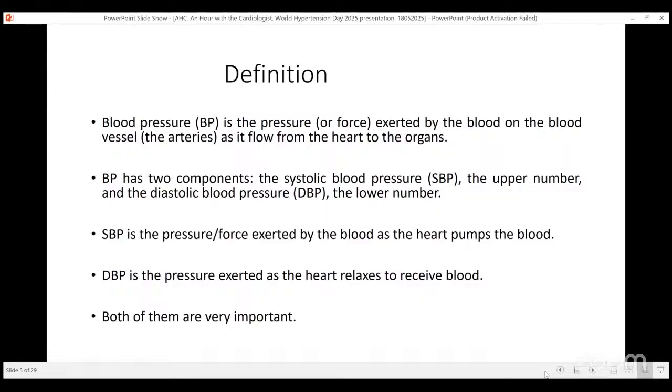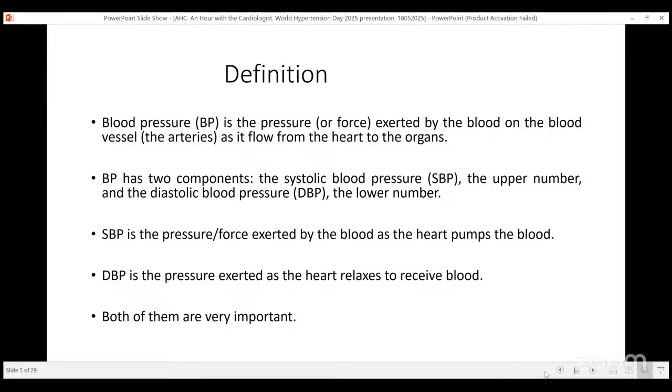They say it's 130. 130 over what? 130 is not complete. That is just the systolic. The diastolic blood pressure is as important as the systolic blood pressure. All right. So when you are asked what's your blood pressure, mention the two: 120 over 70, 120 over 80, or, as the case may be.